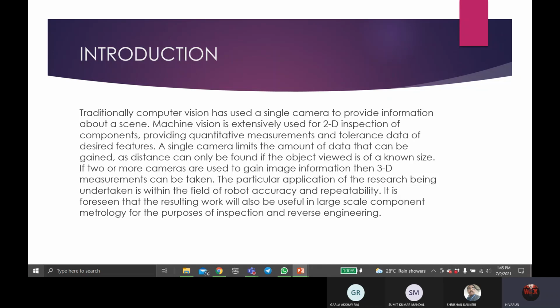That is called robotic vision and vision system, in which we need robot accuracy and repeatability, and there are certain measures to be taken. To gain the exact distance of any small material or product which we are processing or manufacturing, we can know it with a 3D projection with two or more cameras.